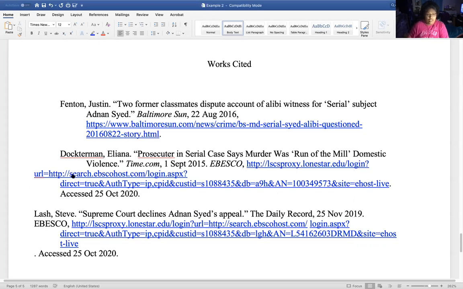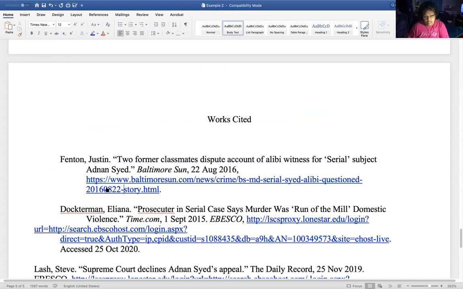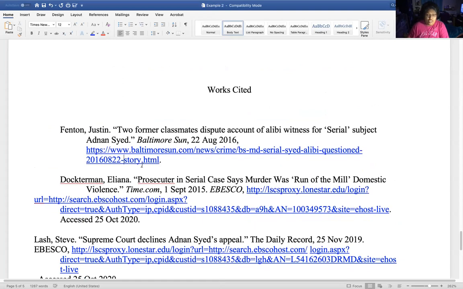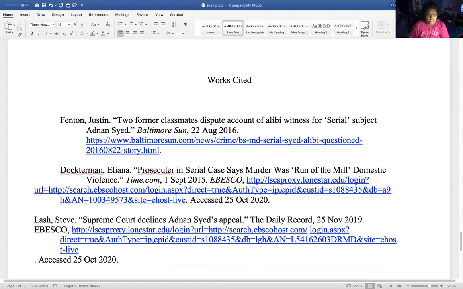See all this? She used spaces in between where she needed to do things instead of using a hanging indent. So there's a space here, a space here, a space here, and all this stuff. So she would have to fix it and then resubmit it, which I think is what she ended up doing. So you see how that comes together like that.